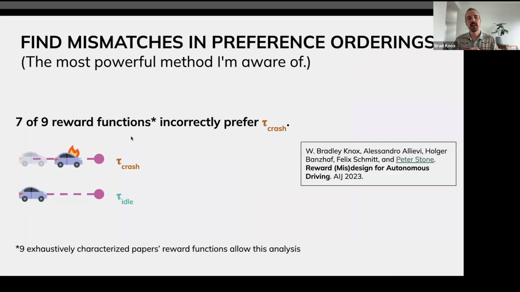So in the reward functions where we were able to estimate return for these two abstract trajectories, 7 out of the 9 of them incorrectly prefer the tau crash. So this is definitely problematic. Luckily, none of these reward functions are being used on deployed autonomous vehicles. But I want to talk about this method from a slightly different perspective. You might ask, where do we get these trajectories?